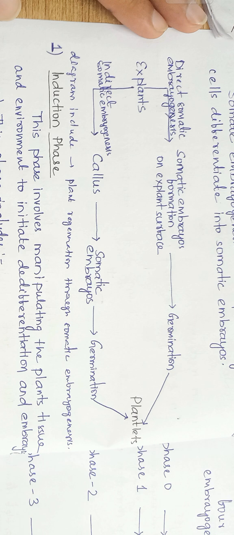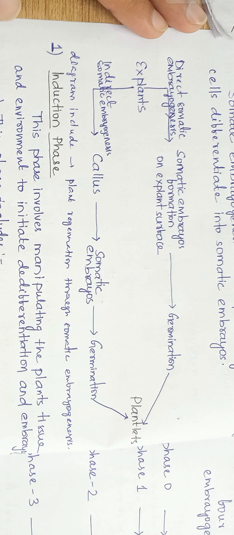In direct, the explant, the small sample cut from the plant, be it leaf, root or any part of the shoot, may already have somatic embryos. Somatic embryos form on the explant surface, and this directly leads to germination and then to plantlets.